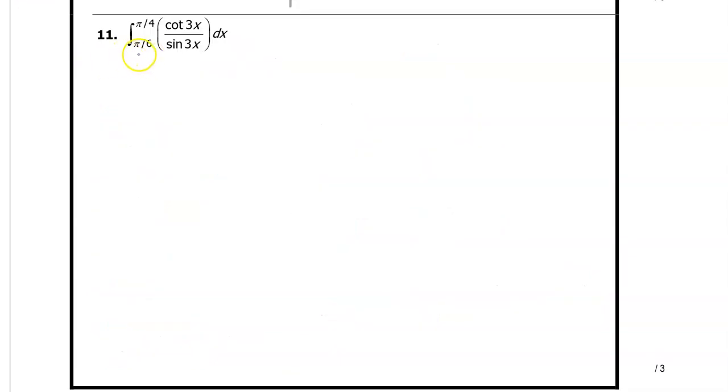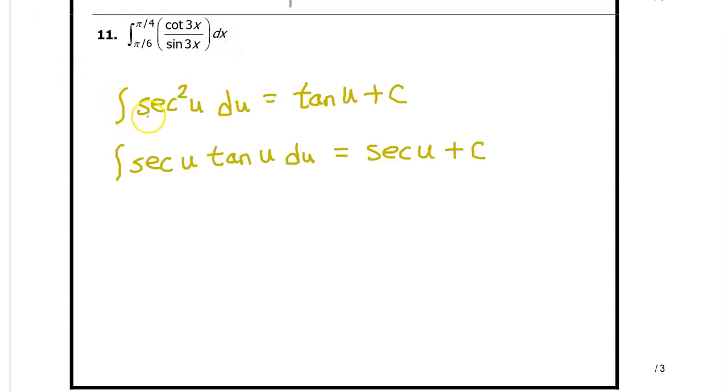Number 11, let's find the integral from pi over 6 to pi over 4 of cotangent 3x over sine 3x dx. We know how to integrate the 6 individual trig functions, but other than that, we only have a couple of memorized trig rules.